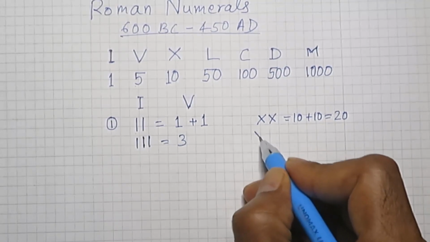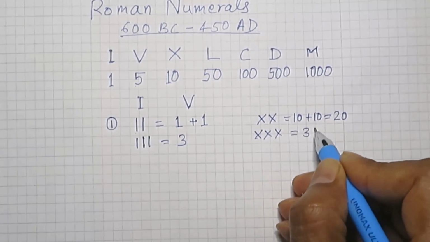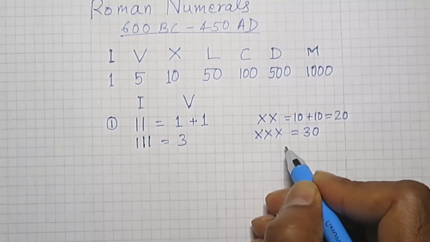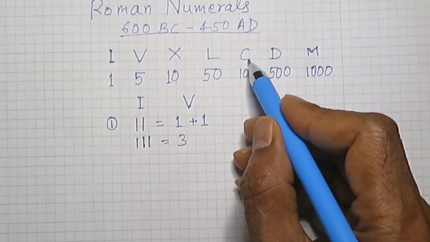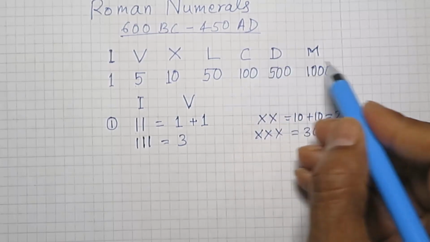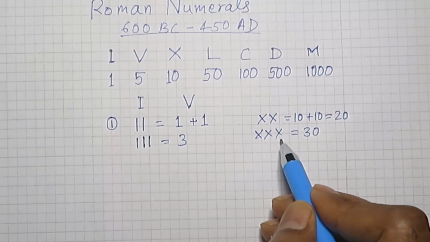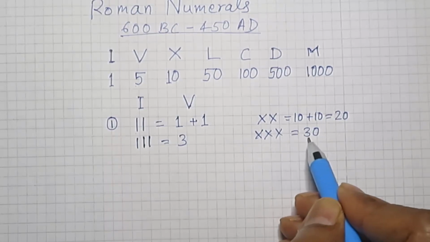Similarly, XXX will be 30. But can I use XXXX? No, it was not allowed. Similarly, you can use CC or CCC, and so on. So all the same rules will apply, that up to 3 times you can repeat, and it means adding those numbers together.